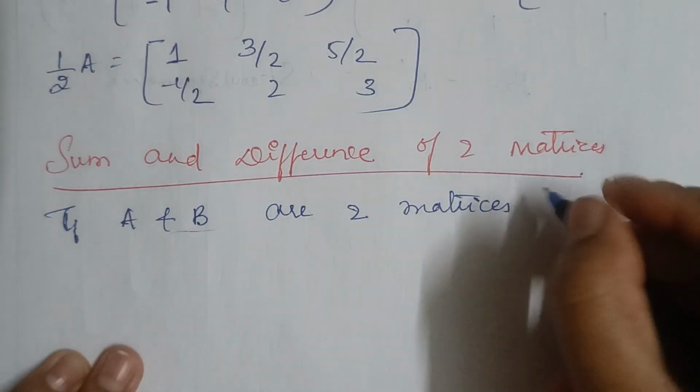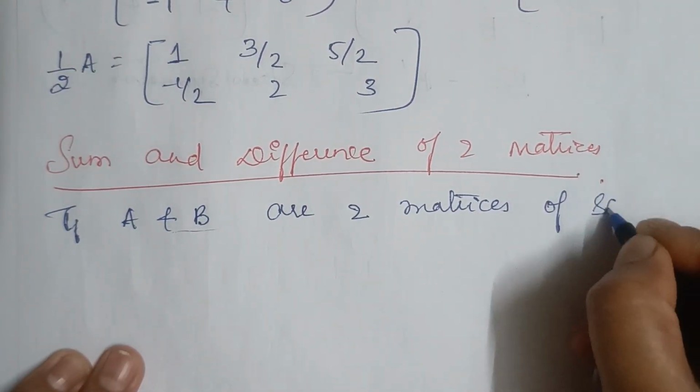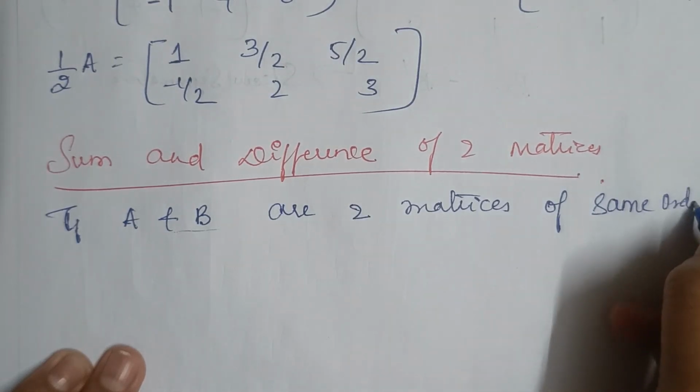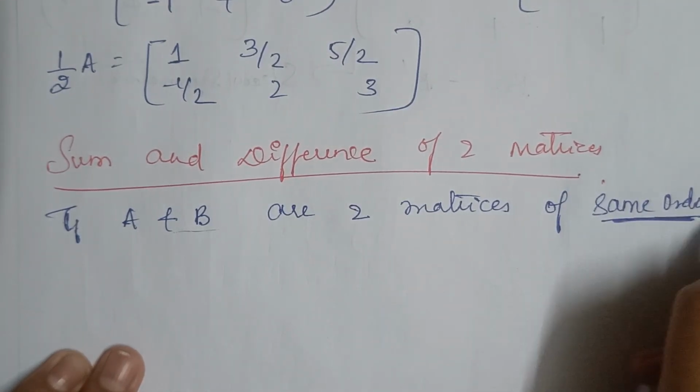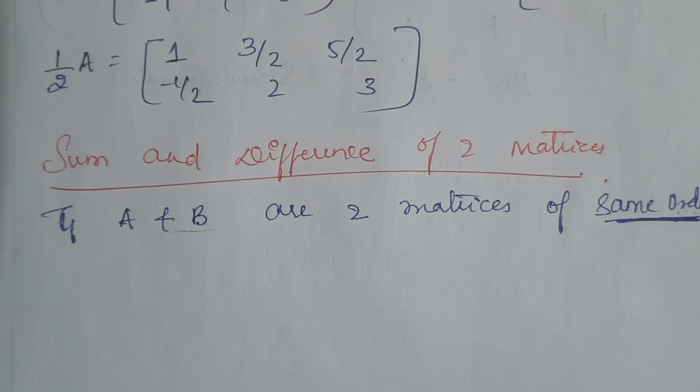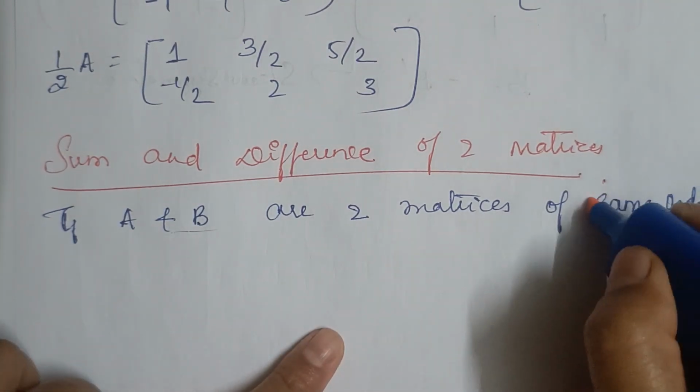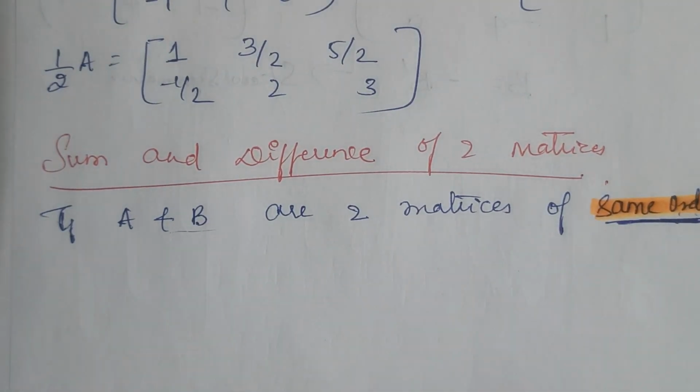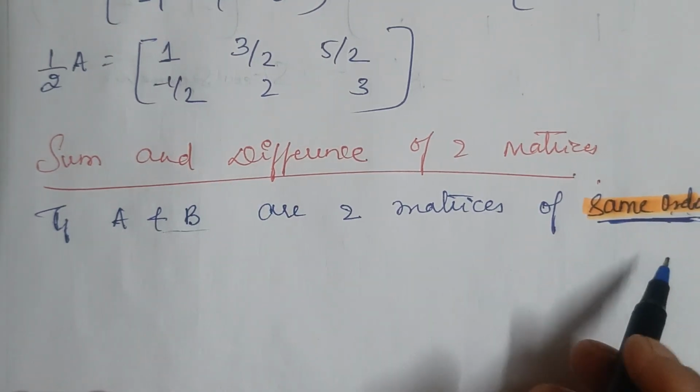Two matrices of the same order are needed for addition and subtraction, for finding the sum and the difference.